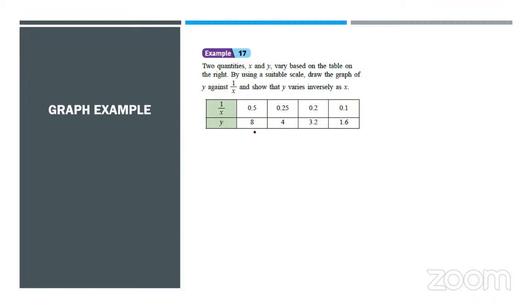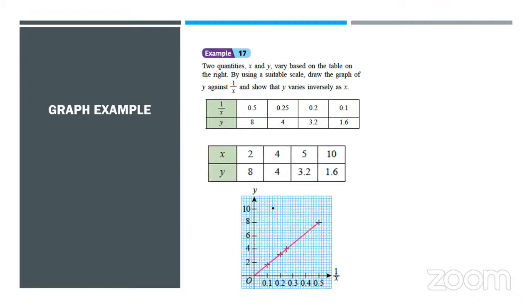Okay, so the graph is drawn for you already over here. But basically you find the k constant, and then you plot your graph accordingly and you make sure that your vertical axis is labeled y and your horizontal axis is labeled 1/x.